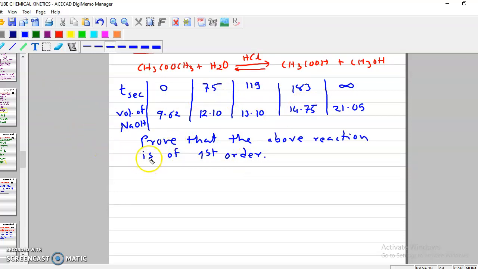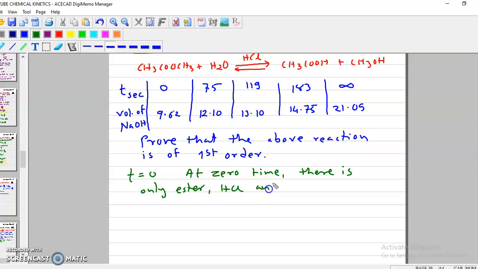Now when t is equal to 0, at 0 time, that means when we mix ester and water with HCl, there is only ester, HCl and water, nothing else, because at 0 time the reaction is not proceeding and therefore there will be no product.